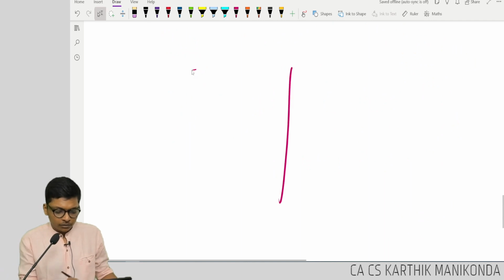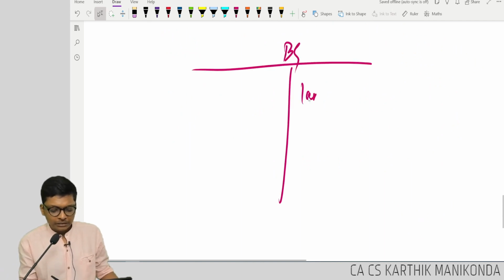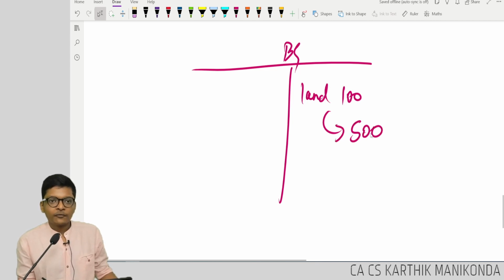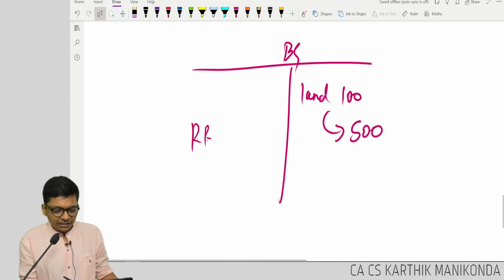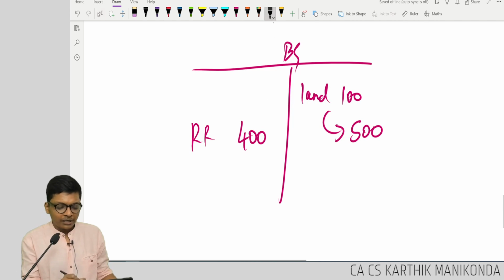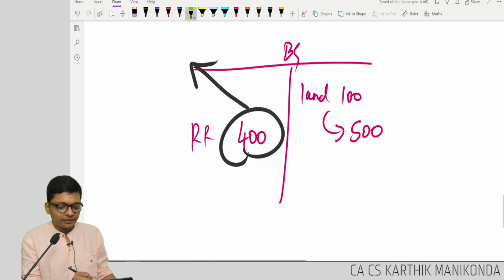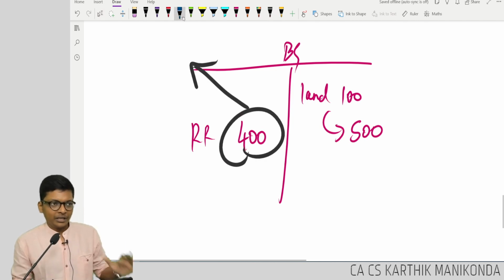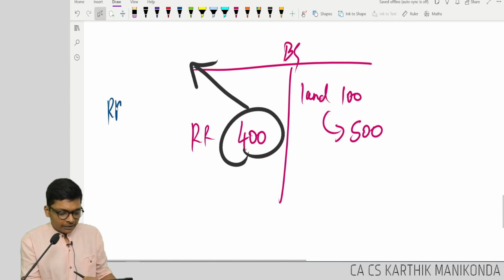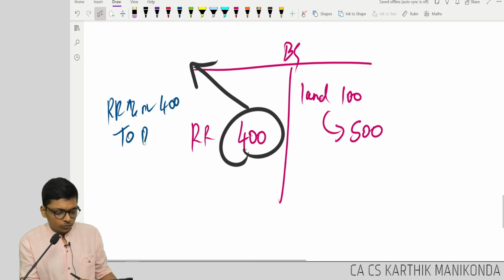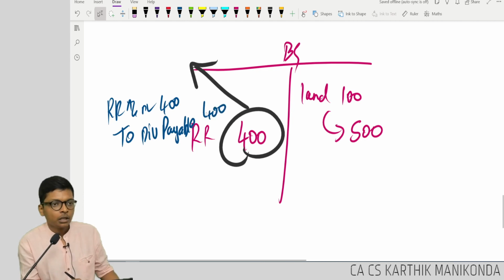Follow. Balance sheet. Land was 100. Now land became 500. So my revaluation reserve will be 400. Can I use this 400 to declare dividend? Okay, I will declare dividend using this. So my entry will be revaluation reserve account debit 400 to dividend payable. How much, guys? 400.